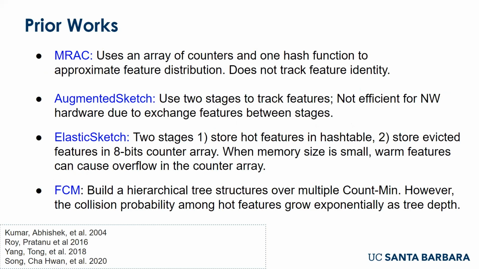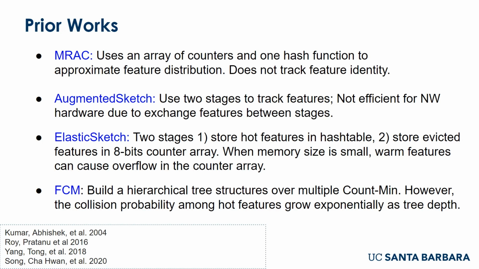As a result, it cannot be used to approximate tail contributors accurately. Augmented Sketch uses 2 stages to track features. However, its implementation requires communication between these 2 stages and cannot be efficiently implemented in hardware.